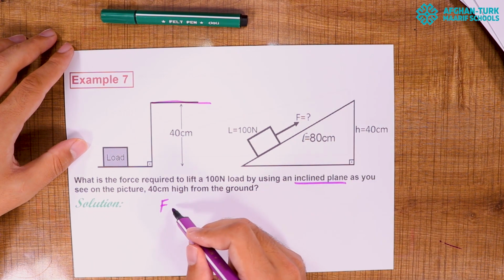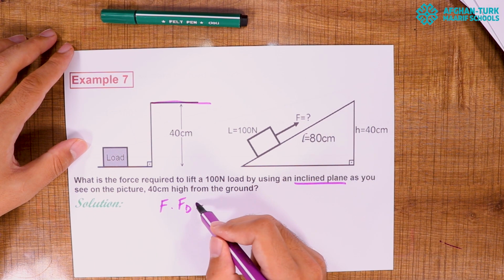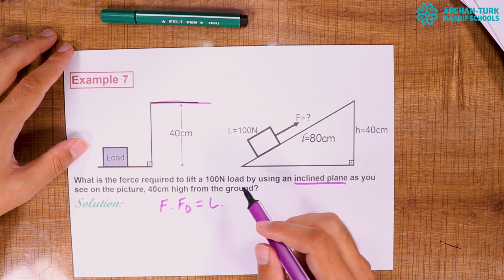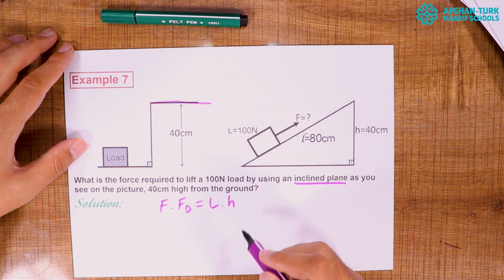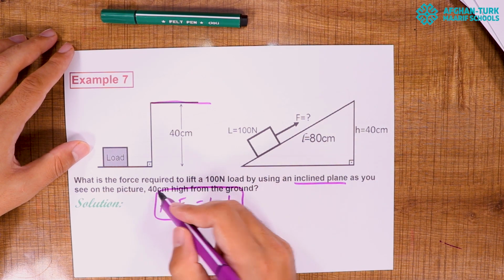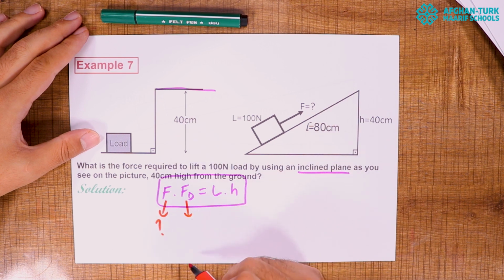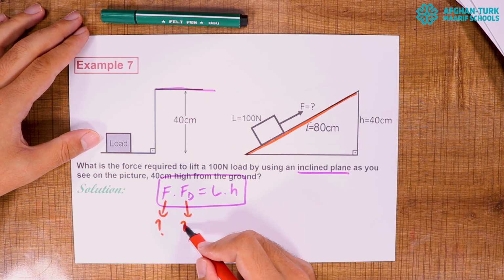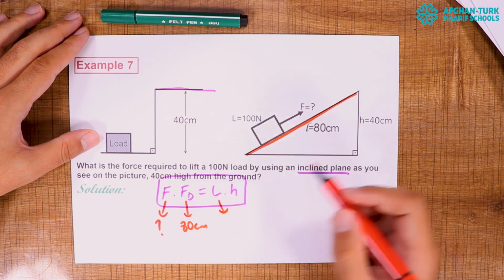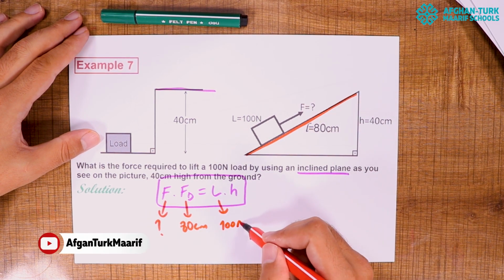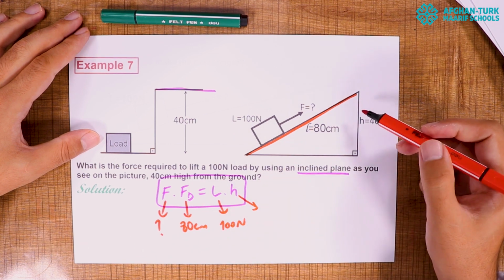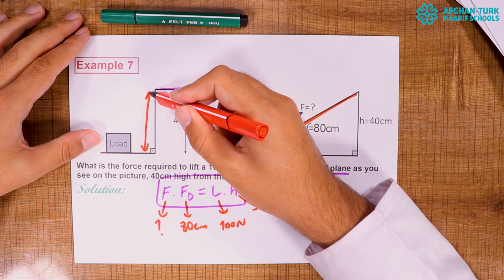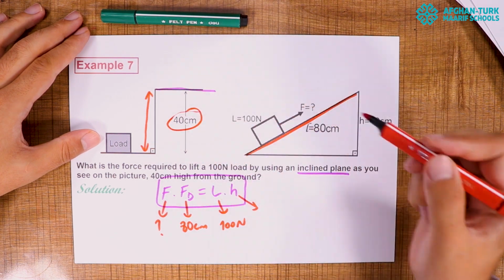As you can see on the picture, force times force distance is equal to load times load distance, which is height here. The force distance is equal to this one, which is 80 centimeter, and the load is 100 Newton, and the height, which is the load distance from here to here, exactly 40 centimeter.